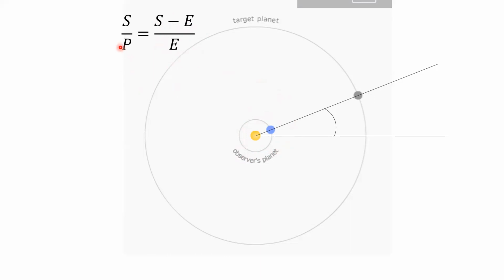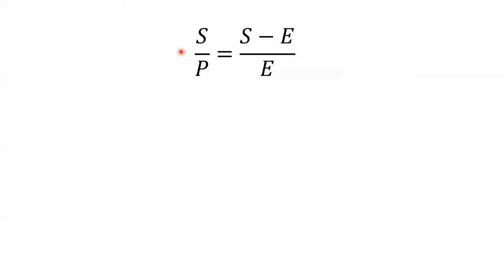Really what I'm doing here is expressing in two ways this angle compared to the full circle, 360 degrees. So you don't actually have to understand how I got this formula to use it. I hope that you do, but you do need to understand what these letters mean and how to use this formula.